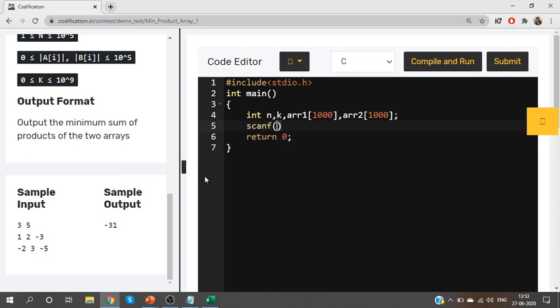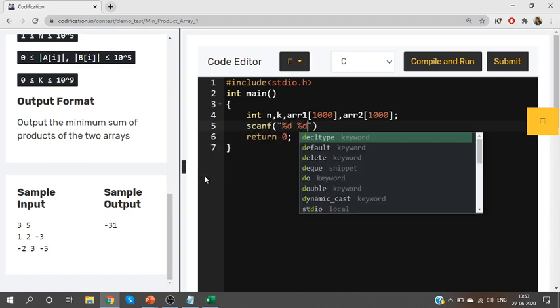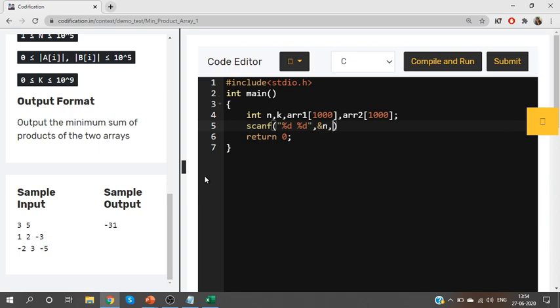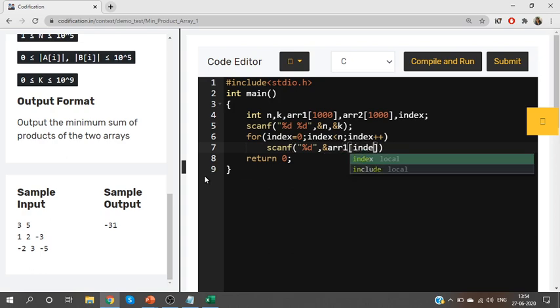Okay. So scanf. First two inputs are the n value and the k value. After the n value and k value, we have the array elements. So first get the first array: index 0 till less than n, index plus plus. We will get the first array. Scanf percentage d, array 1 of index.